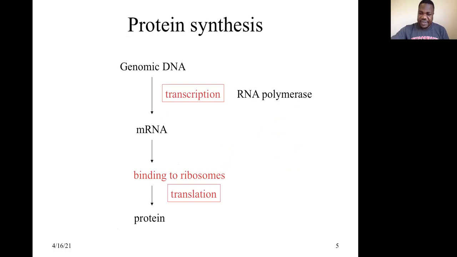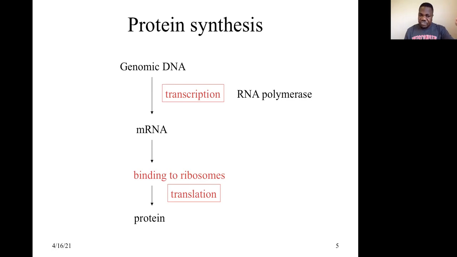What is next? The bacteria is then able to undergo what we call protein synthesis. Protein synthesis has two steps: transcription and translation. Transcription happens when, from the genomic DNA, a messenger RNA is formed by the enzyme called RNA polymerase.